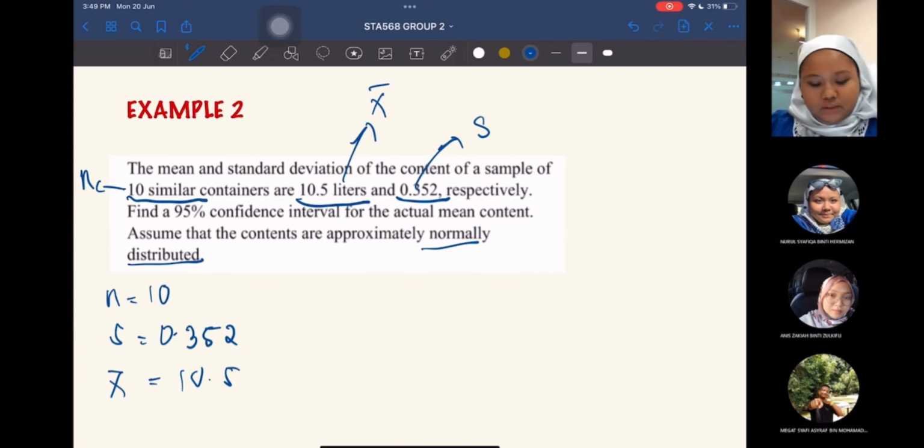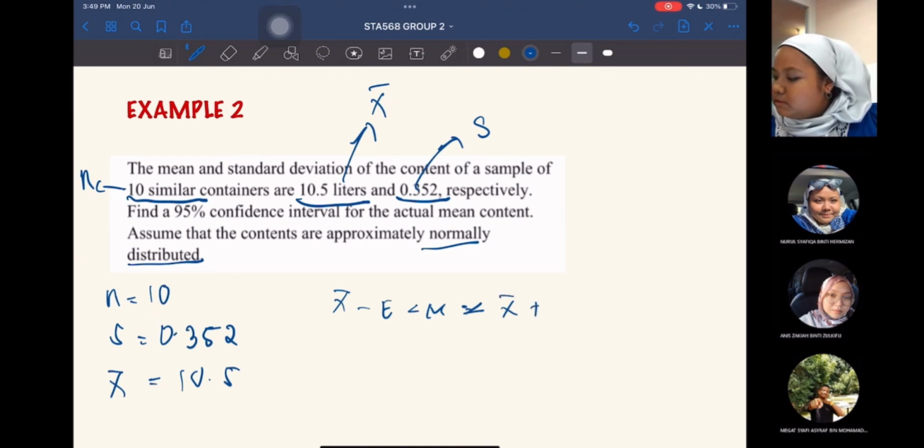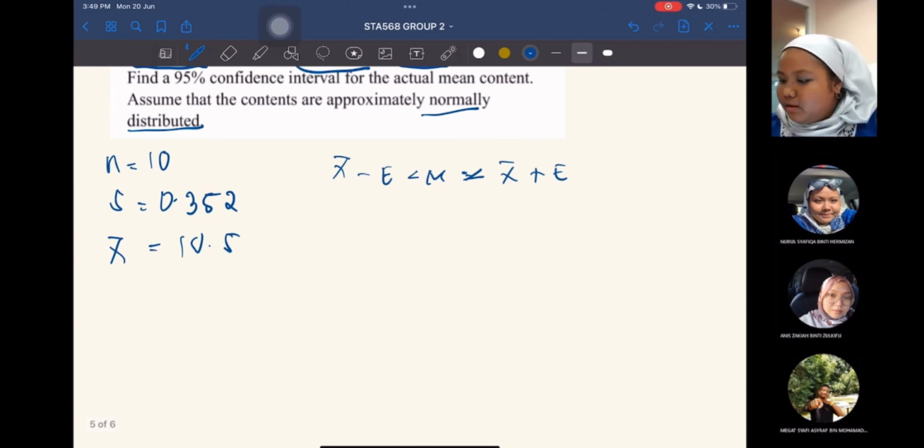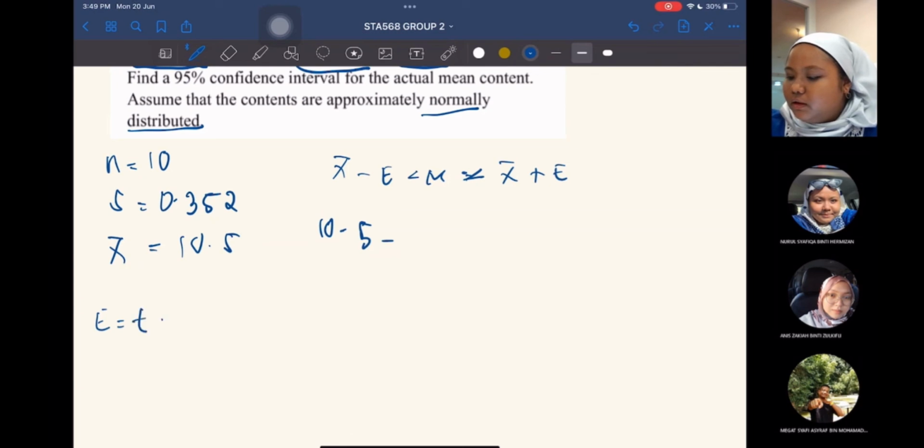Okay, as we know, our formula is x bar minus E less than mu less than x bar plus the margin of error. Our x bar is 10.5. We minus our margin of error, which is E equals t alpha divided by 2, n minus 1, multiplied by S over square root of n.